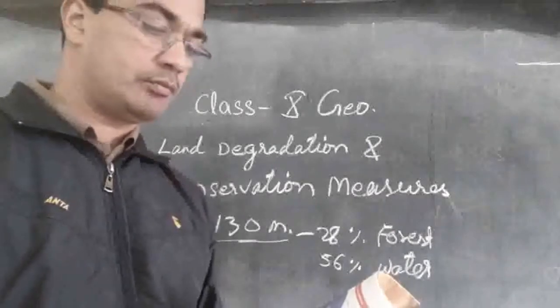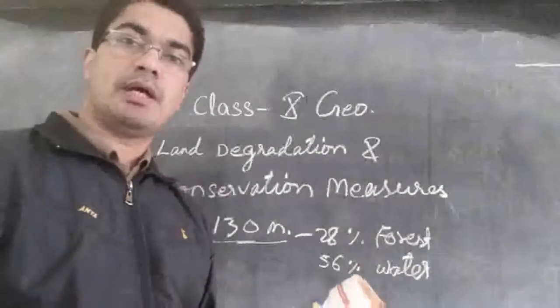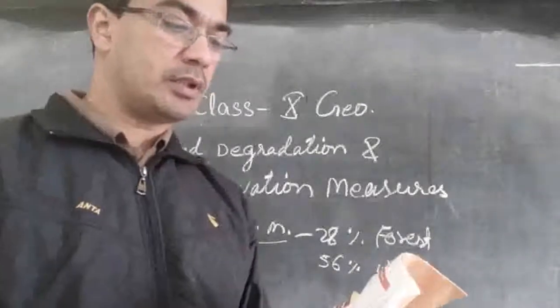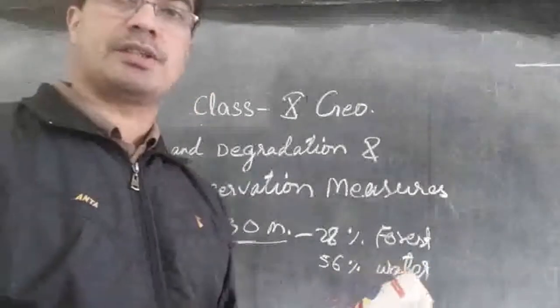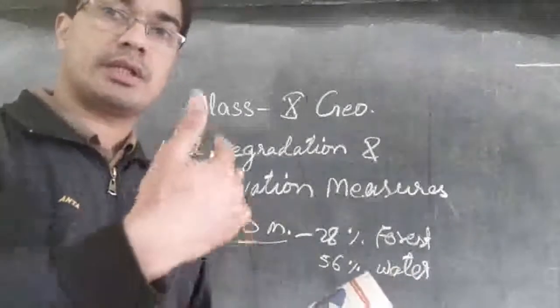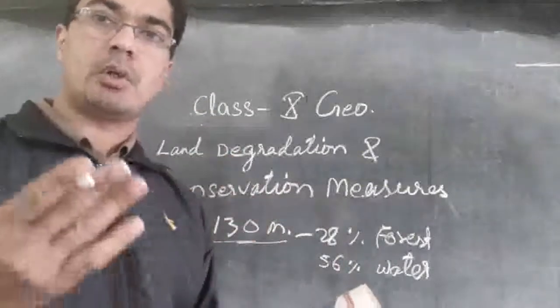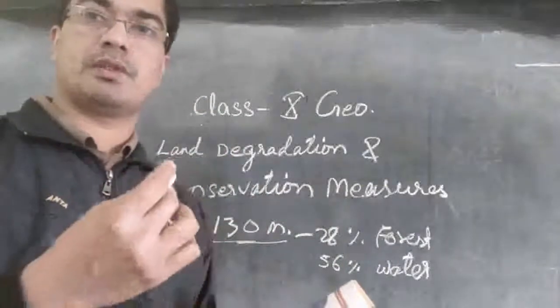So which are the human activities causing land degradation? Like deforestation, cutting of the trees, and overgrazing. So we send the animals into the same place again and again and they eat up all the grass, including the roots of the grass.